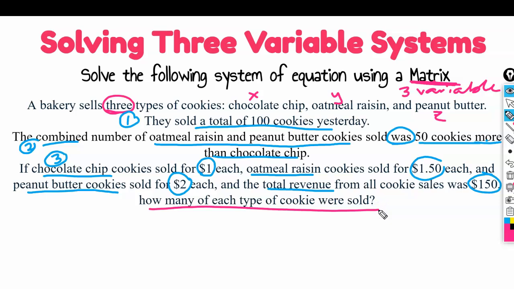All right, so let's go sentence by sentence and write our equations. So for the first one, they sold a total of 100 cookies. Well, X, Y, and Z represent the number of each type of cookie.